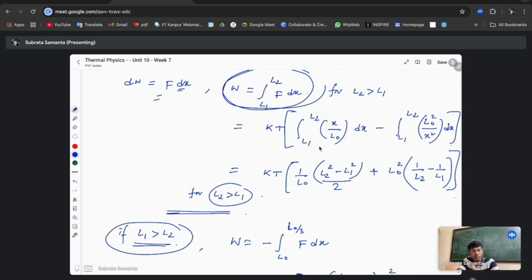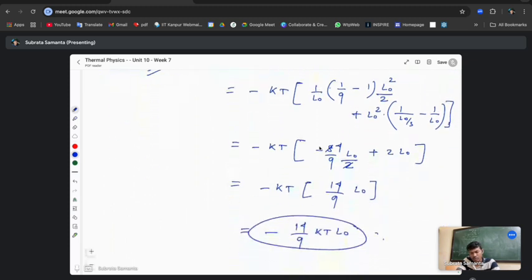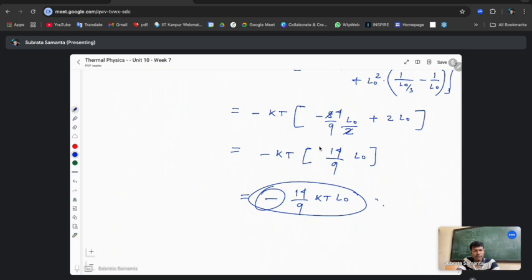But if L1 is greater than L2, then I use an extra minus sign in front of this, because when the dx is negative, the work done is positive, and that negative sign indicates this. Okay, so any doubts or questions?